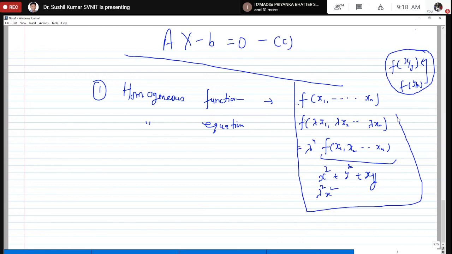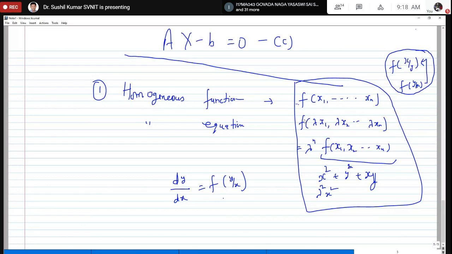You are confused about the homogeneous function and homogeneous equation. In first year you have studied this type of equation: dy over dx equal to f of y over x.